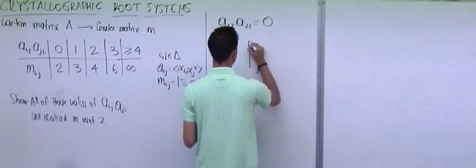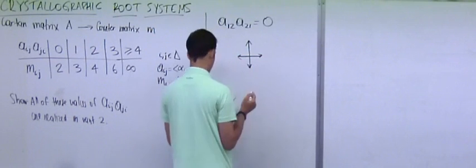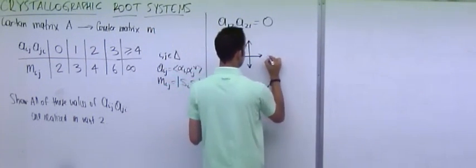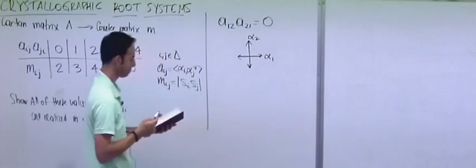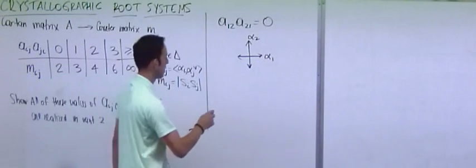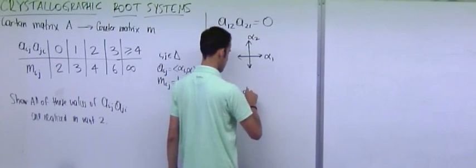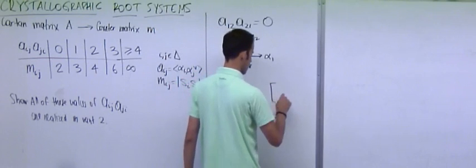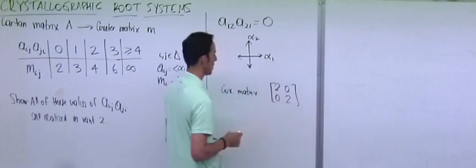And here's an example of that. This is the root system where this is alpha 1 and this is alpha 2. Okay. And the Coxeter matrix of this thing is 2, 2, 0, 0. Okay.